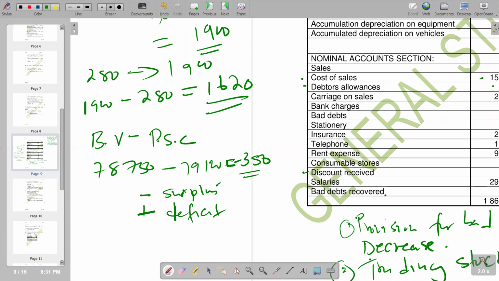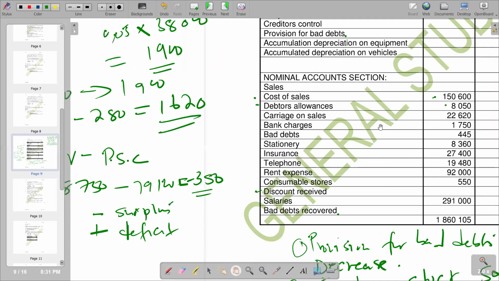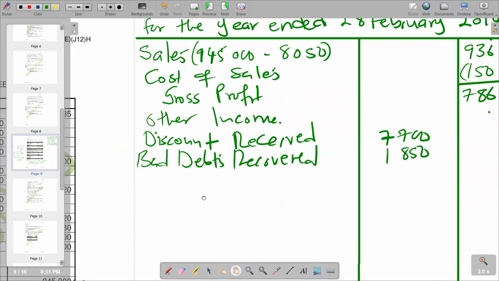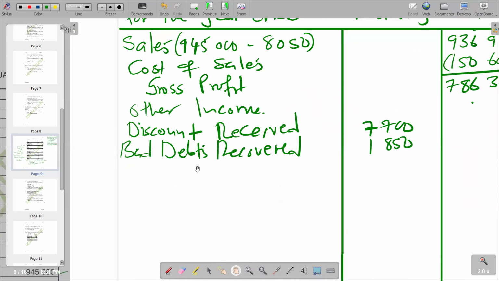So we go there. And now we are saying trading stock surplus.